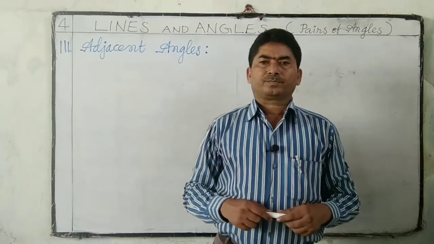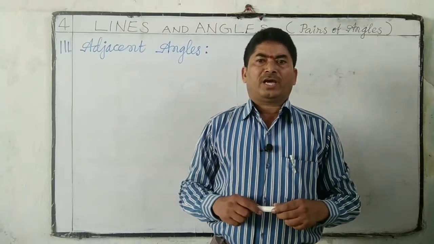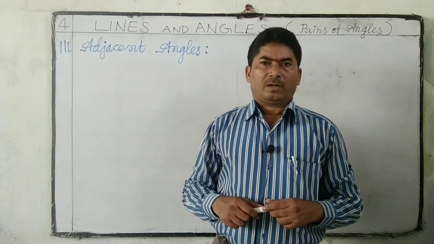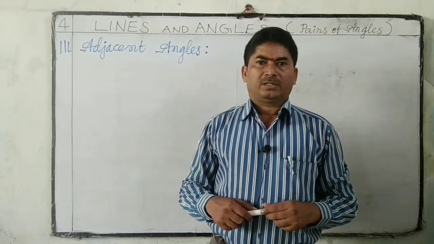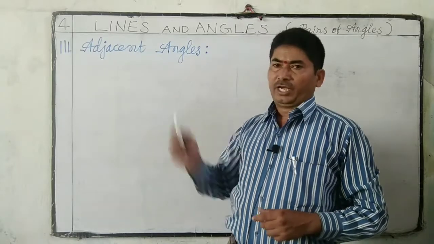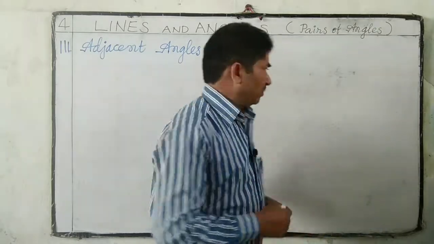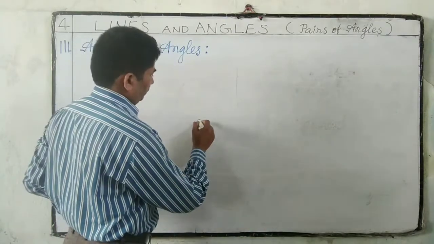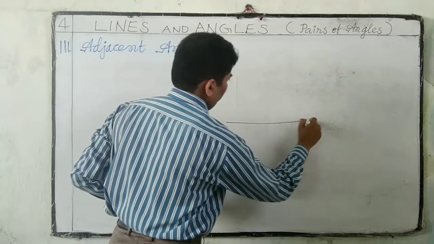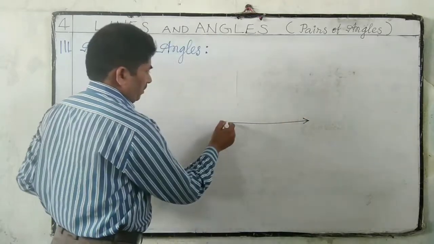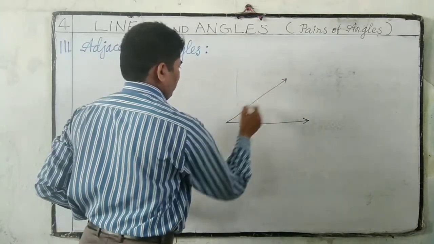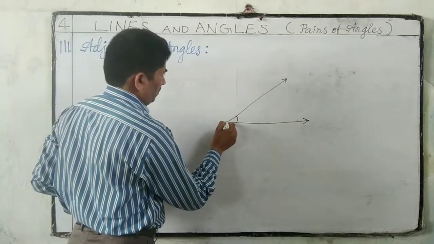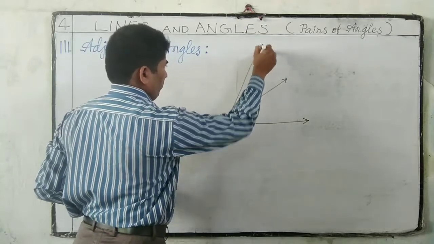Adjacent angles. Two angles having a common arm and a common vertex are called adjacent angles. Let us observe this in a figure. This is one angle. This is one more angle.